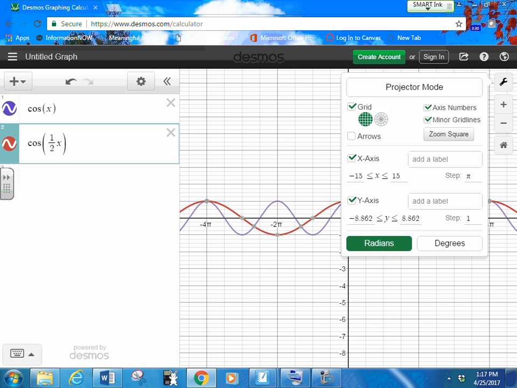Remember, all you have to do is type in pi there, and it'll step it out the way you need to. 4 pi. No, it's actually 2 pi.